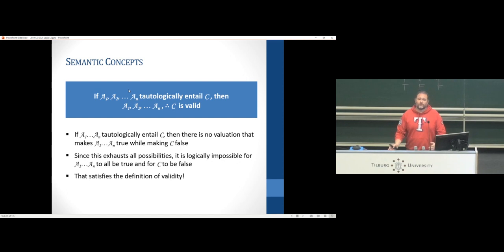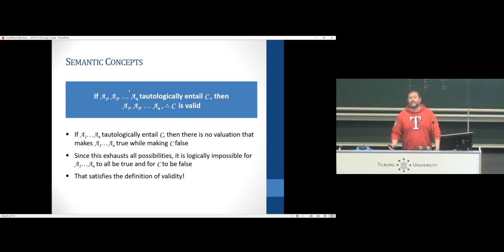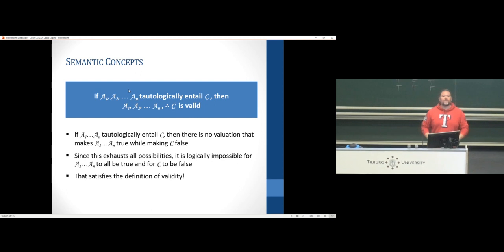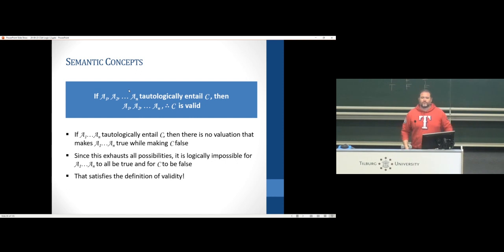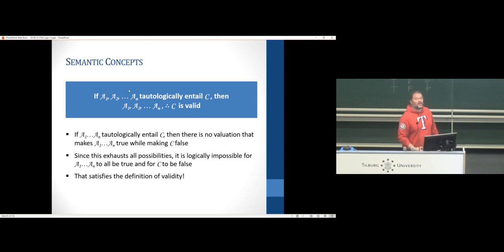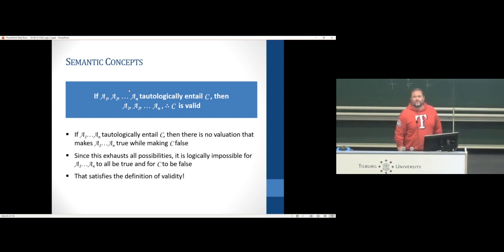If they do, we know that the argument has a good form. We know the argument is valid. There might be other reasons to worry about it, but at least we know it passes the bar of the truth of the premises guaranteeing the truth of the conclusion. That's what the whole language is set up to do, to be able to let us do that transition, to make this claim. Very cool.